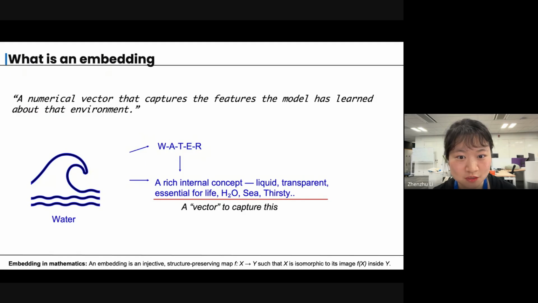In the machine learned representation, it's not the letters W-A-T-E-R, it's a rich internal concept that captures every concept correlated with water. It can be liquid, transparent, or essential for life. But in the model, a vector captures this very rich concept.